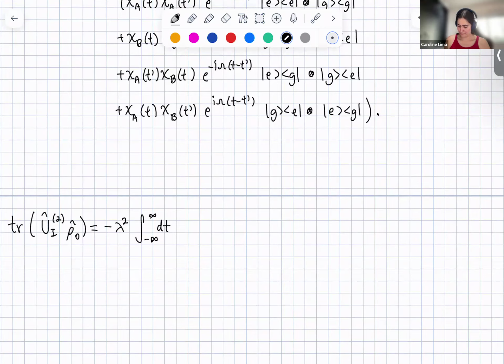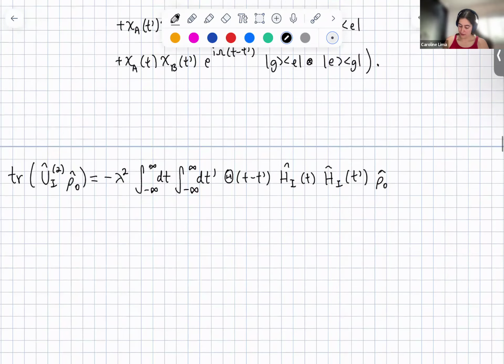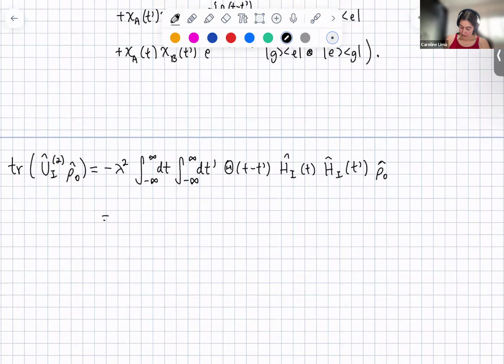Just repeating what we have, okay? It's just going to be this times the Hamiltonian at T prime. And then we have to act with this on rho 0, in the initial state.